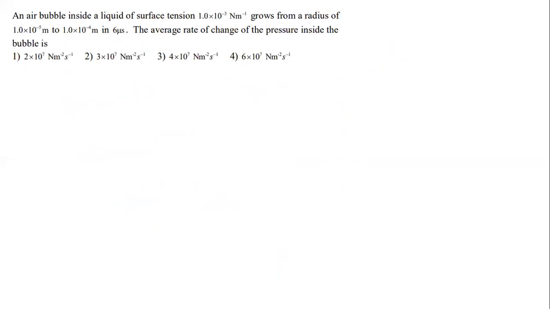Air bubble inside the liquid, surface tension T is equal to 1 into 10 power minus 3 newton per meter. The radius grew from 1 into 10 power minus 5 meter to 1 into 10 power minus 4 meter. The average rate of change of pressure inside the bubble.